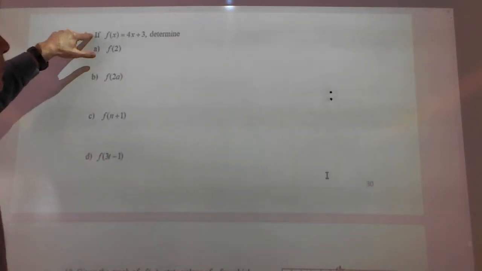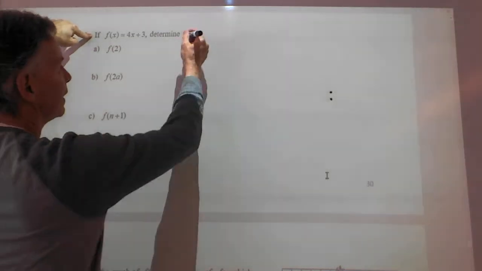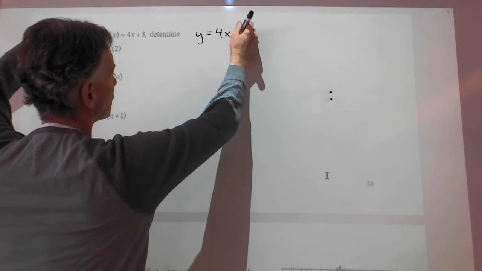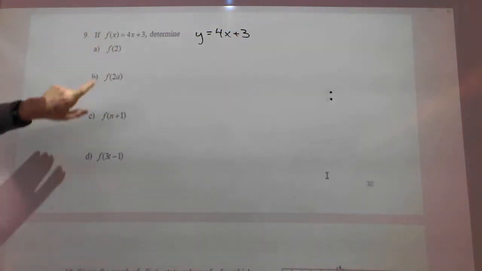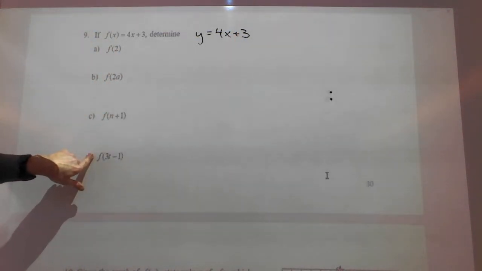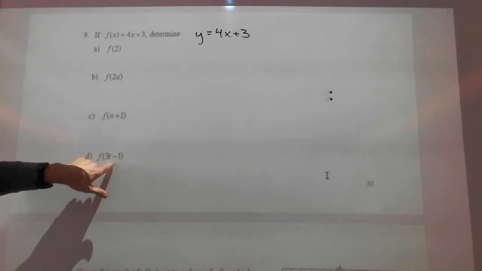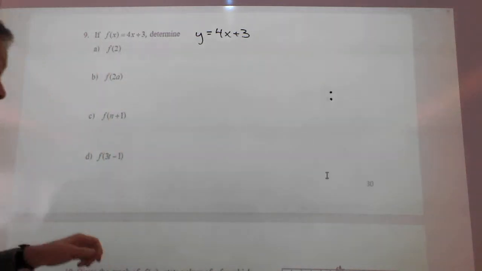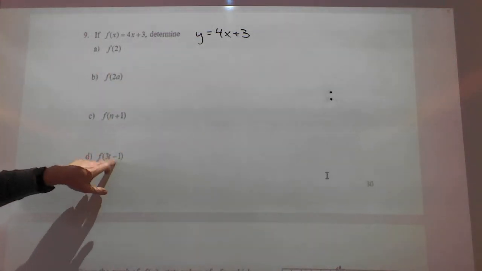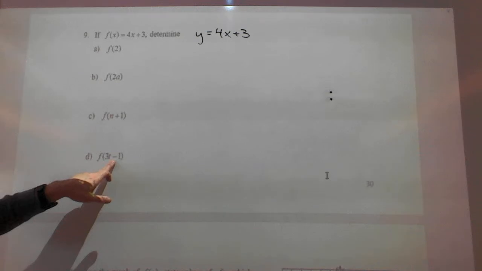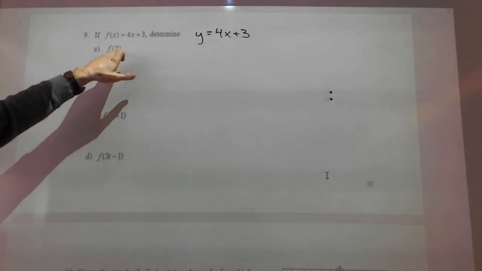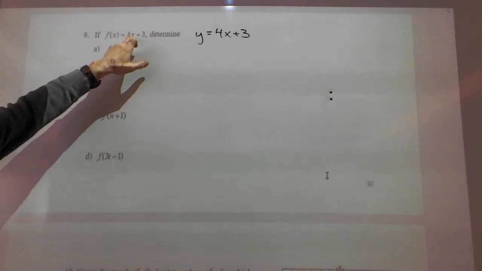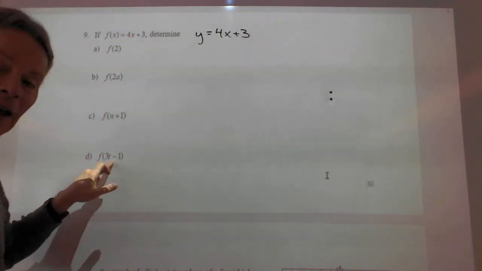It says, if f at x equals 4x plus 3, again remember, all they're saying is if y equals 4x plus 3, find f at 3t minus 1. So, maybe you just did this, but this is just a value for x, okay? Just like something simpler like f at 2 would mean you're going to take 2, you're going to sub it in wherever you see x. This doesn't mean anything different.